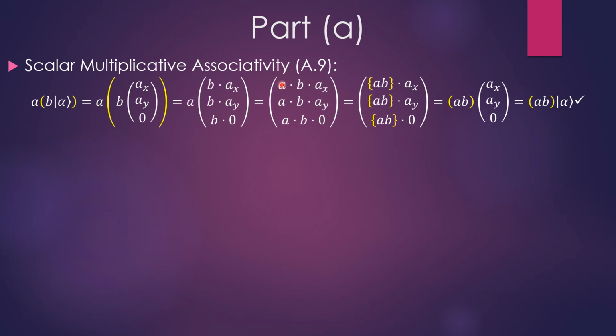Then I can distribute a on top of that, and we see that it doesn't matter. I still get the same AB combination on every component. With that AB combination, I can go ahead and regroup them in my yellow curly brackets there, factor them out. Now I see it's the same thing as AB times the vector itself, which goes back to there. So yes, we're good to go. Scalar multiplication is associative, so we have the nice properties in the landscape of algebra that we want.